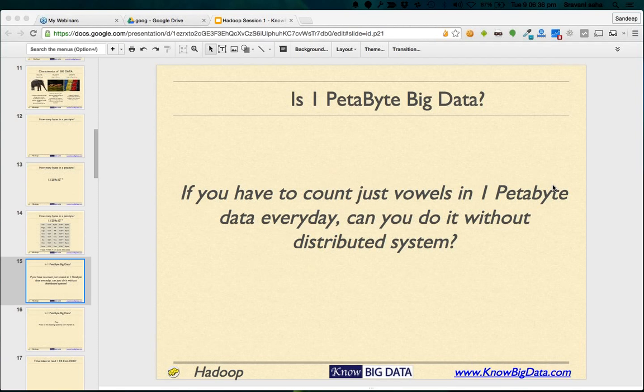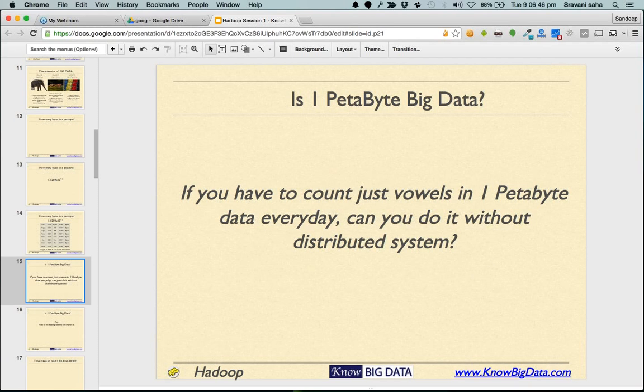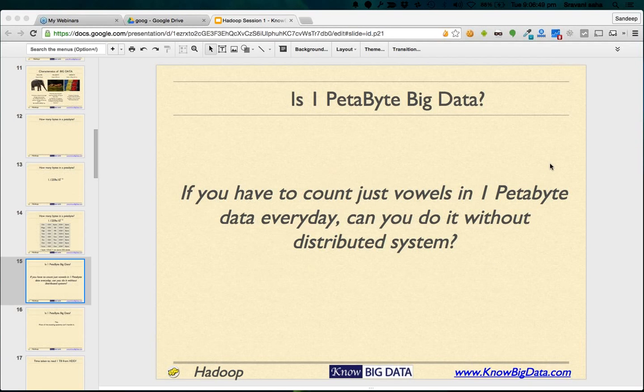Okay, let me simplify it. If you have to count just the vowels in 1 petabyte data, can you do it on a single machine?